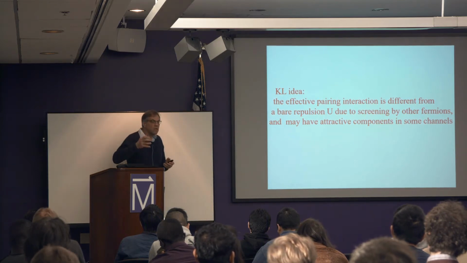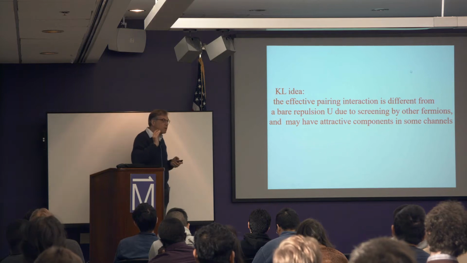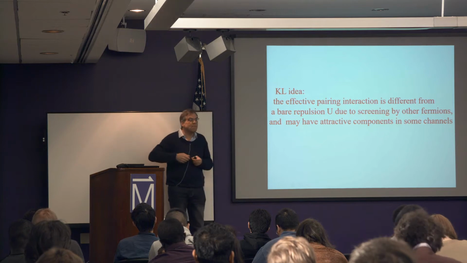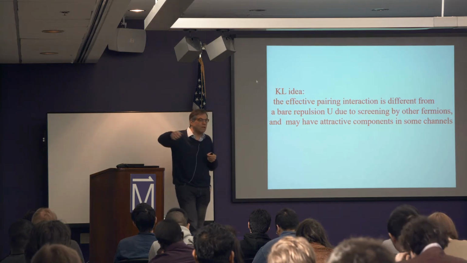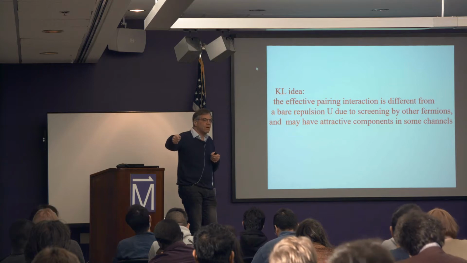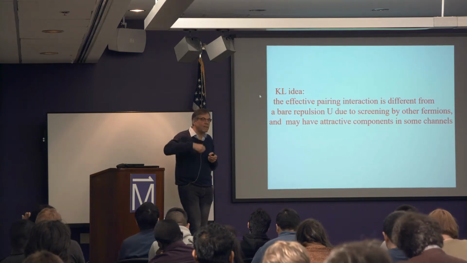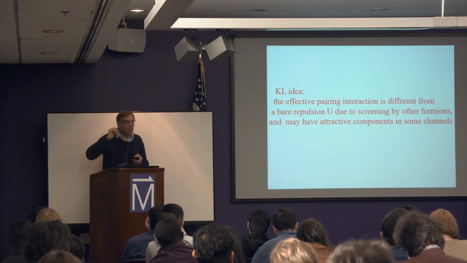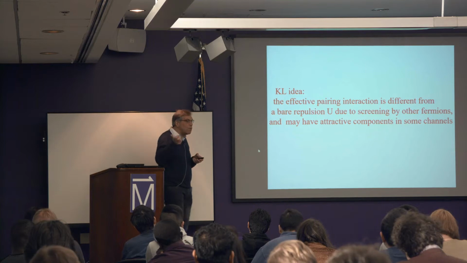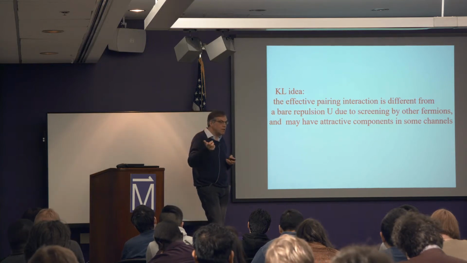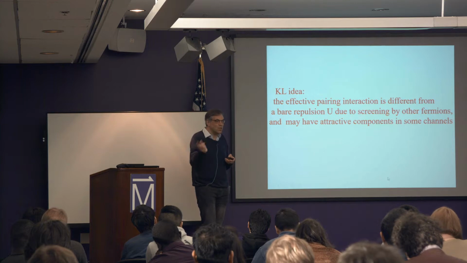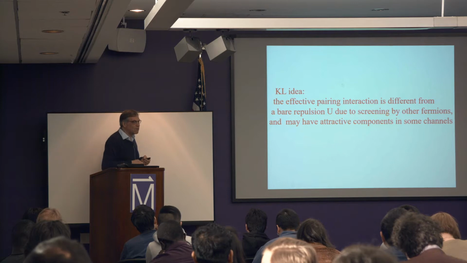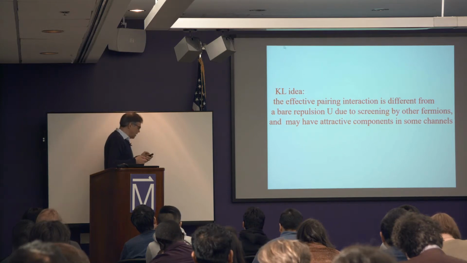You can start with a system with bare repulsion, think about Hubbard repulsion U, but screening by other fermions makes the interaction momentum dependent. Remember, all our game was that interaction at large momentum transfer becomes larger than interaction at small momentum transfer, and because of this, one partial component of interaction will become attractive. For cuprates, it's d-wave. For iron-based materials, it's s plus minus, again a sign-changing gap, but between different pockets. And the fancy story about doped graphene gives you d plus id superconductivity.